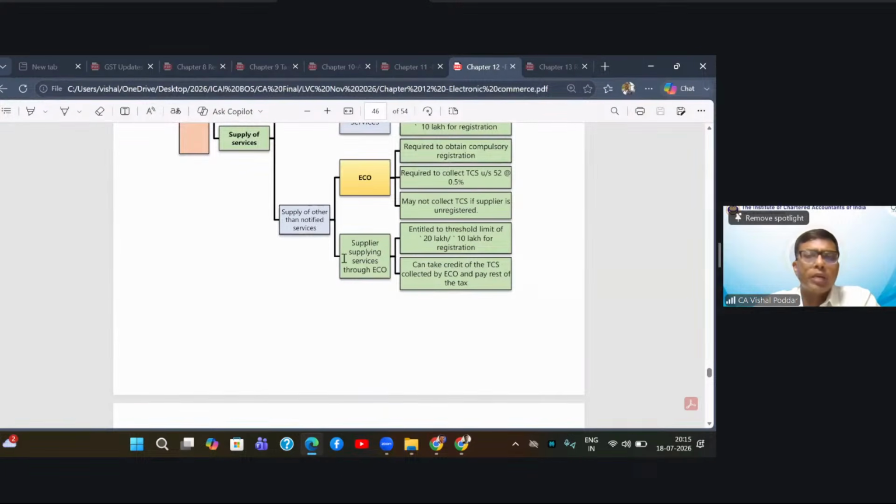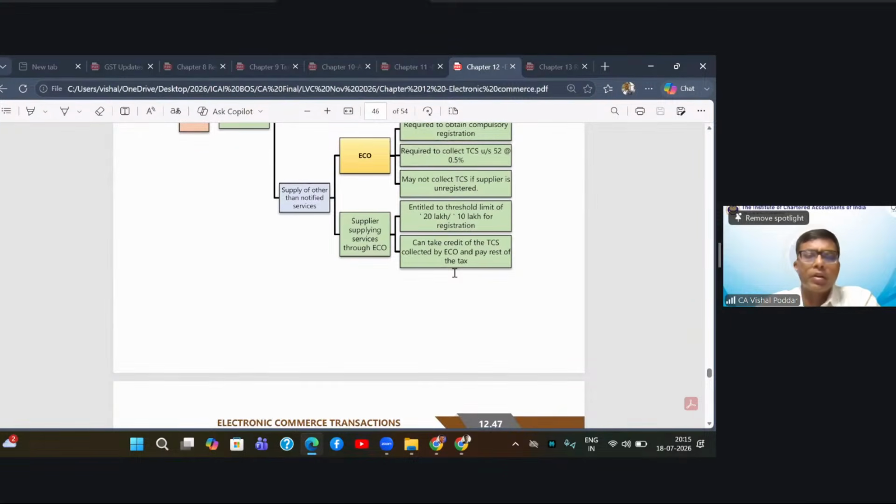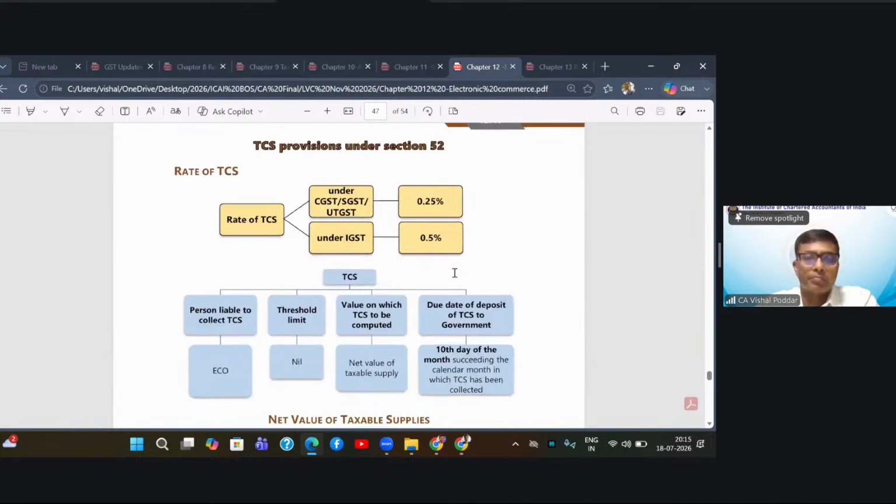Second, the supplier who is supplying the services through the ECO is entitled to registration once the total turnover crosses the threshold, and it can take the credit of the TCS which the ECO has collected. And again, if you remember, this credit will come in the cash ledger of the supplier.